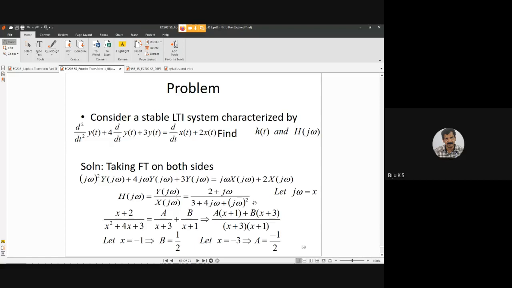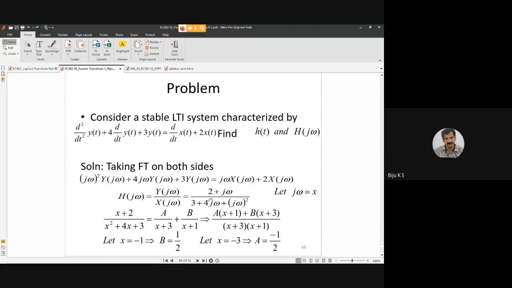From this, how do we find the magnitude response, or magnitude of H(j omega)? We take the magnitude of numerator and denominator separately. The numerator is root of 2 square plus the imaginary part omega square, so root of 4 plus omega square.